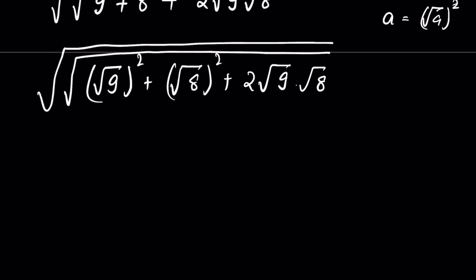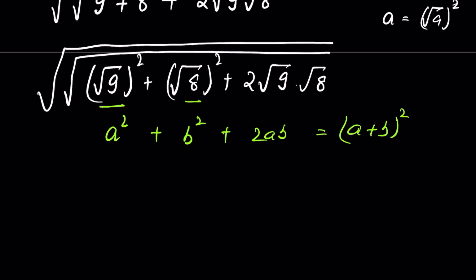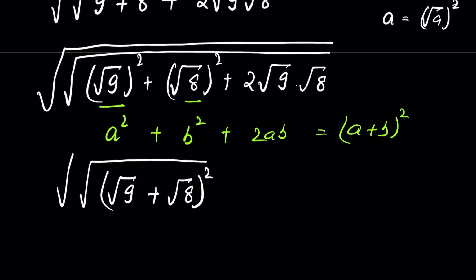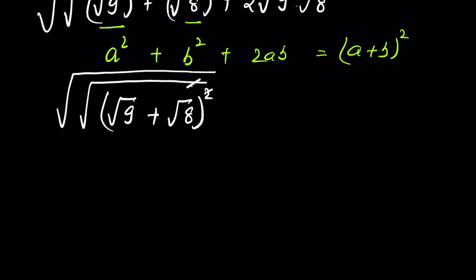Now if you consider the square root of 9 as a and the square root of 8 as b, then this is in the form of a squared plus b squared plus 2ab, and it is equal to a plus b whole squared. So this we can write as the square root of 9 plus the square root of 8, whole squared, under the square root. Now we can remove this square root with this square. Now we have the square root of 9 plus the square root of 8, under the square root.